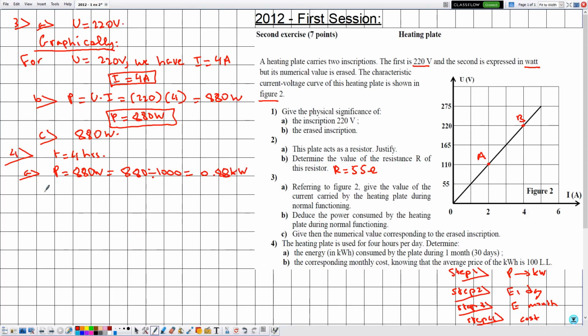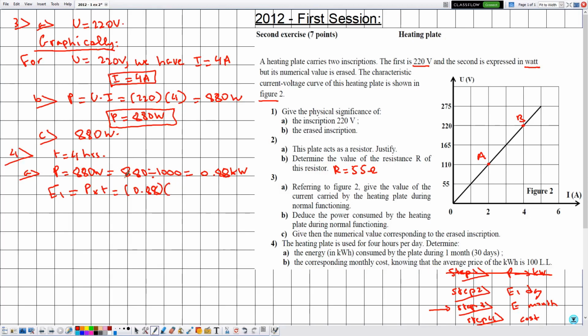Now step number 2 is to calculate the electric energy consumed per 1 day. We are done with step number 1. In part A, they are asking me about step number 3, so first we need to perform step number 2, which is the electric energy consumed per 1 day. The formula of the electric energy is P times T. So P must be in kilowatts and the time in hours.